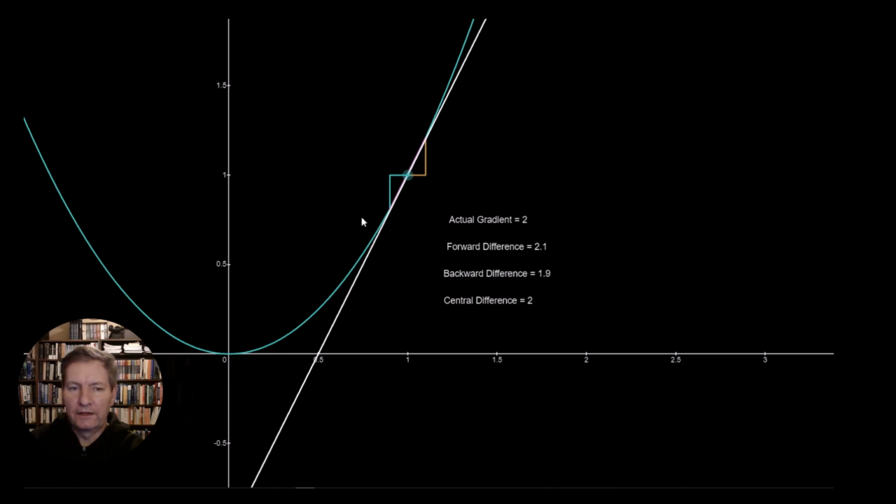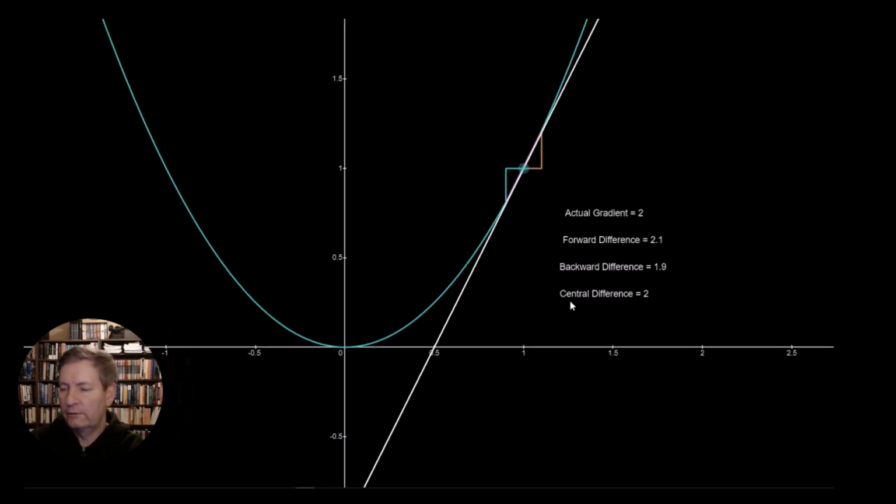Now you can see here in this instance that the central difference is actually a value of 2, so it has worked out and given us an exact value for the gradient, and it is equal to the actual gradient.